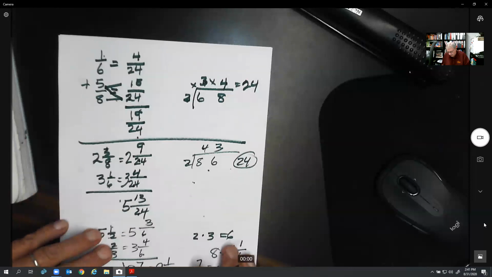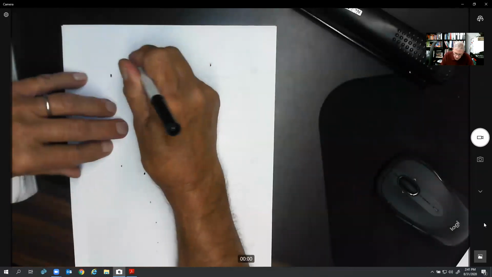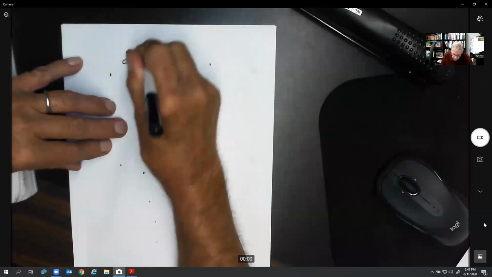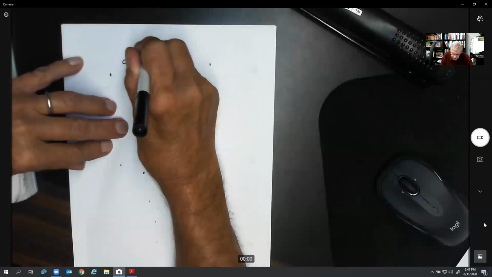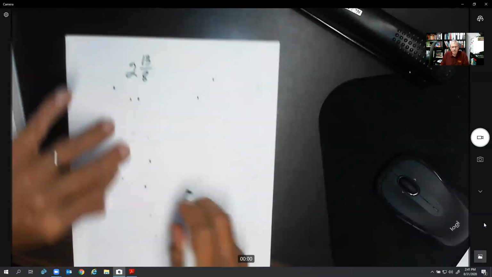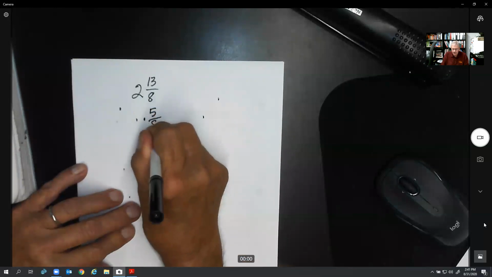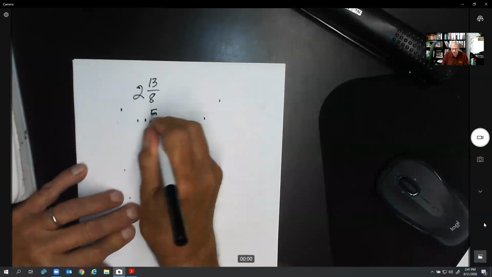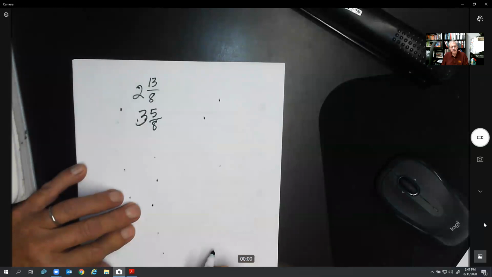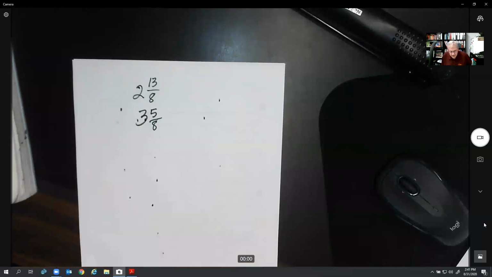Let me show you a couple of examples. 2 and 13/8. Subtract 8, 5/8. Add 1 to the whole number. 3. 3 and 5/8. Take away.